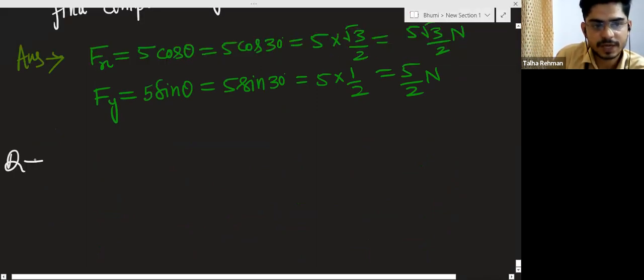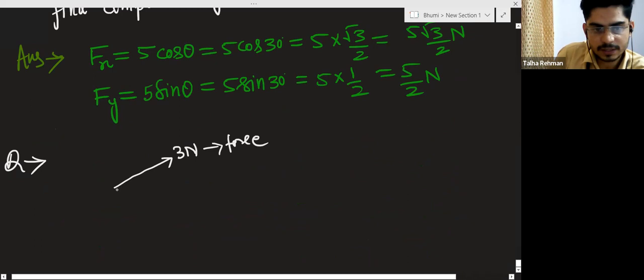So if the question is like this is a vector of 3 Newton, this is a force, and this is x-axis and this is y-axis. This is x, and this is making an angle of 45 degree.